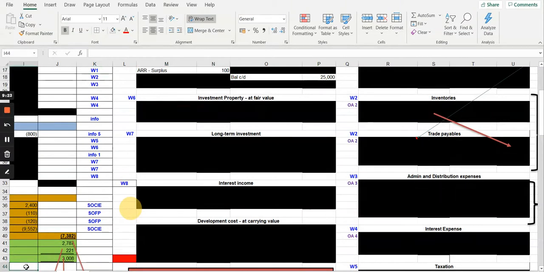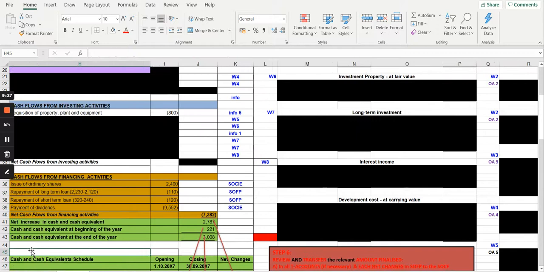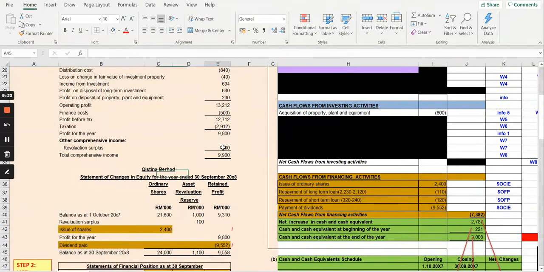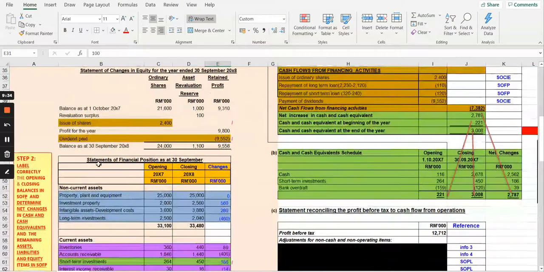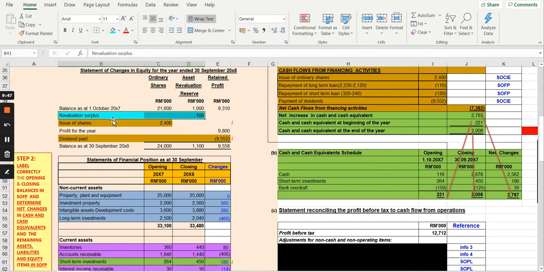So I include the surplus in the PPE account, where if you check your other comprehensive income section here, there is a revaluation surplus, and if you check the bottom part of it, the statement of changes in equity, you also have this revaluation surplus of 100,000, and this is also a non-cash item, and you need to include this to be able to get the correct disposal that you receive from the derecognition, the disposal proceed, right?